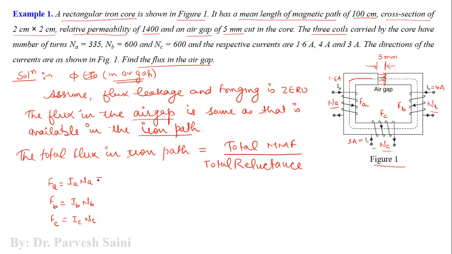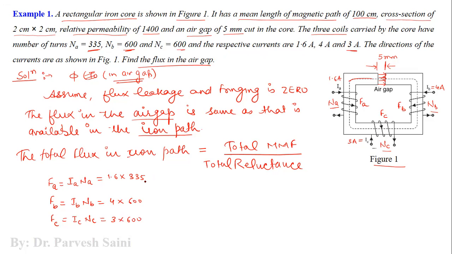So if we calculate this, this would be 1.6 into NA, which is 335 here, right? Similarly, IB is 4 ampere, and the number of turns is 600. And similarly, IC is 3 ampere, and the number of turns is again 600, right?